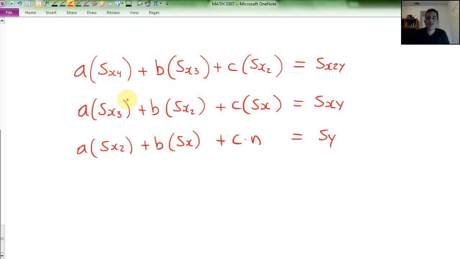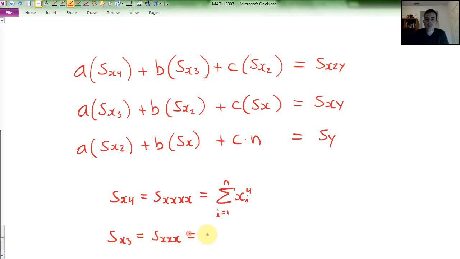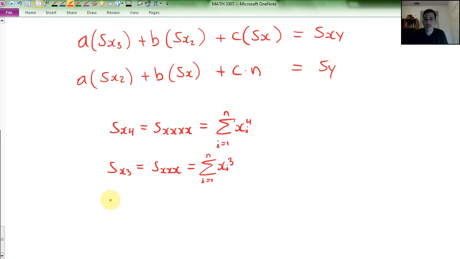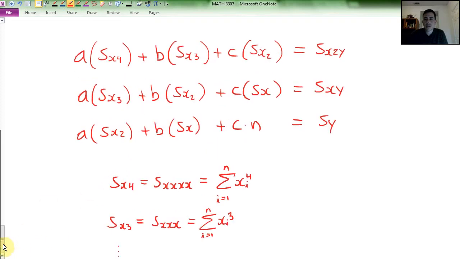See how the structure is? You have SX4. SX4 means SXXXX. It really means a summation from 1 to n of xi to the 4th. Okay, so SX3 would be SXXX, the summation from 1 to n of xi cubed, and so forth. So look at the structure.